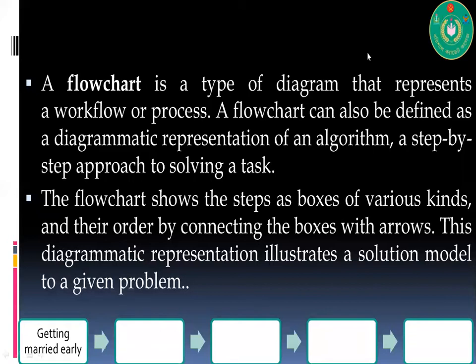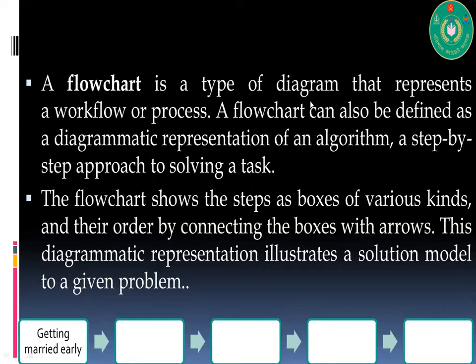It is a systematic representation of an algorithm. The flowchart shows the steps as boxes of various kinds and their order by connecting the boxes with arrows. This diagrammatic representation illustrates a solution model to a given problem.